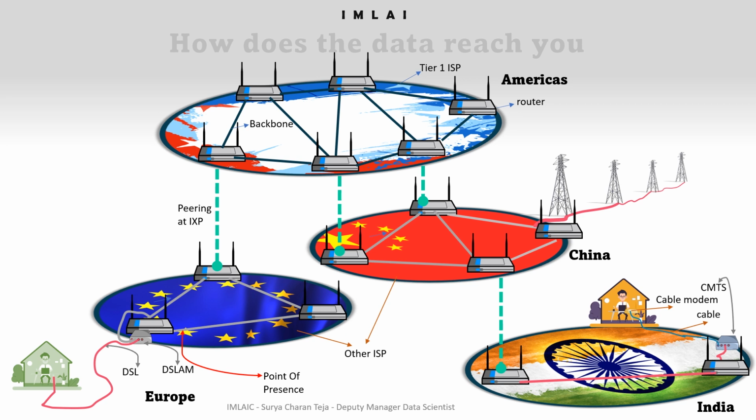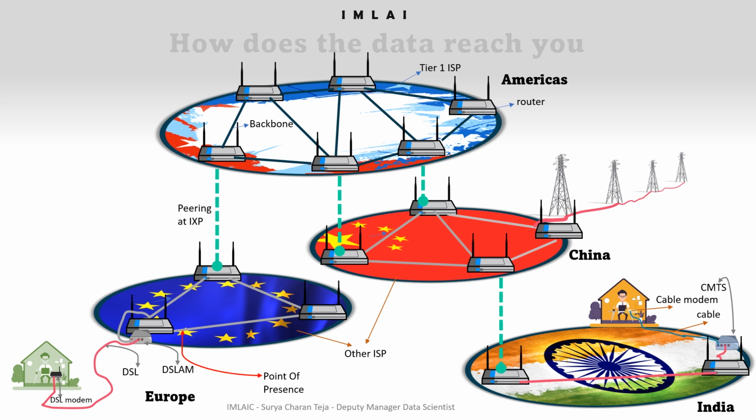The computer is connected to a device called a DSL modem, and that converts between digital packets and analog signals that can pass unhindered over the telephone line.